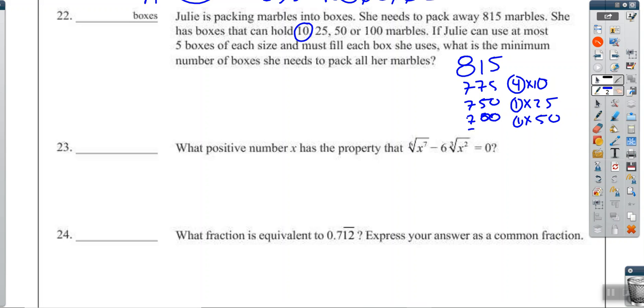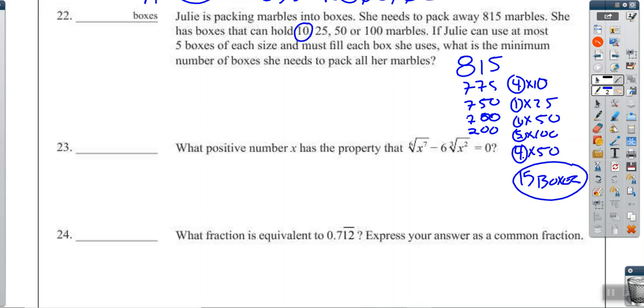Well, now I can use my boxes of 100, so there's my 5 boxes of 100, and then that means I'm going to need 4 more boxes of 50, and then 4 plus 1 is 5, I don't go over. So if I add this up, 4 plus 1 is 5, 6, 11, 15 boxes. That one was actually legitimately quick.